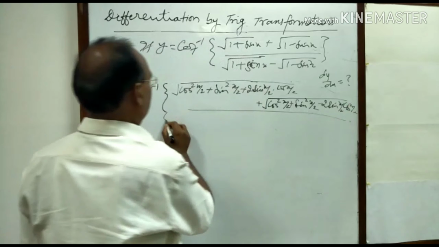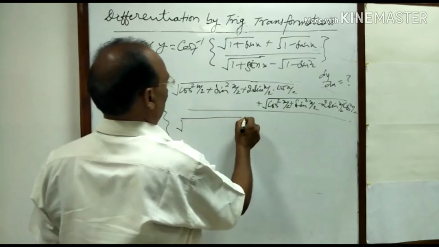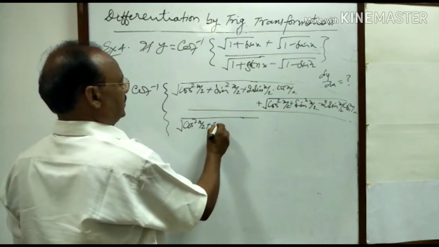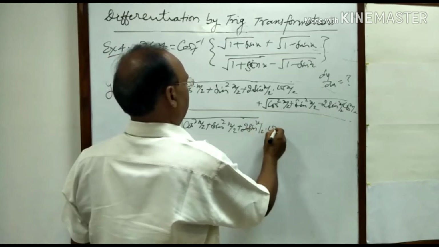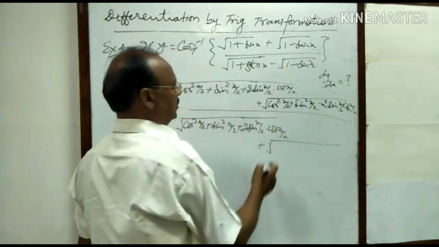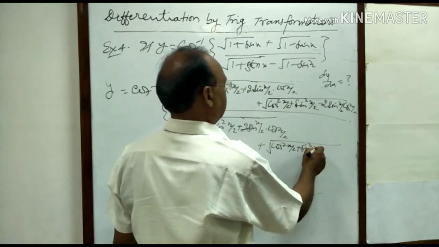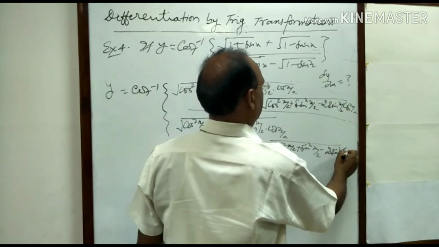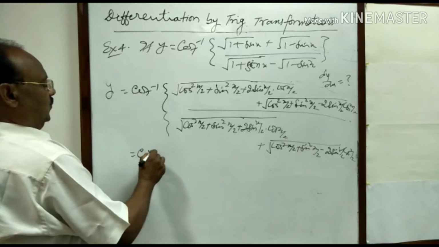Divided by, you see, the denominator can be written in the same form. So this is cos square x by 2 plus sin square x by 2 plus 2 sin x by 2 into cos x by 2, and plus this next term cos square x by 2 plus sin square x by 2 minus 2 sin x by 2 cos x by 2, and this is equal to cot inverse.